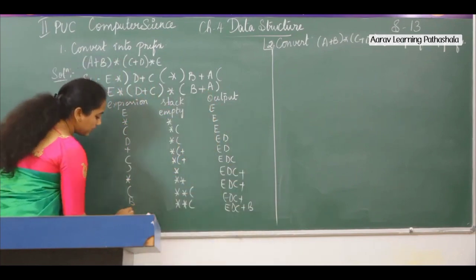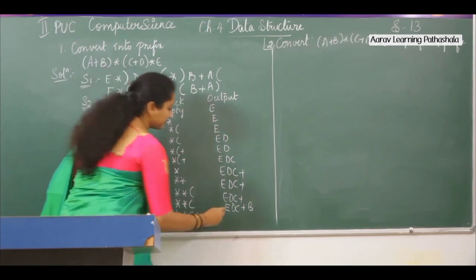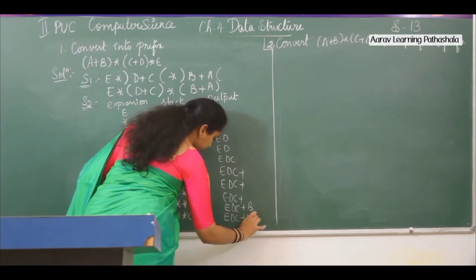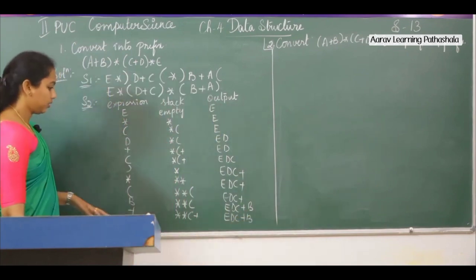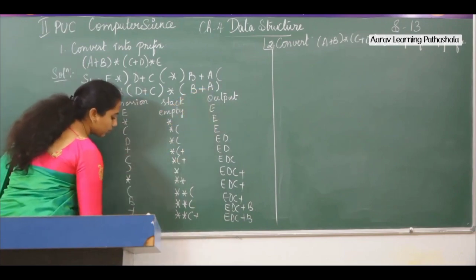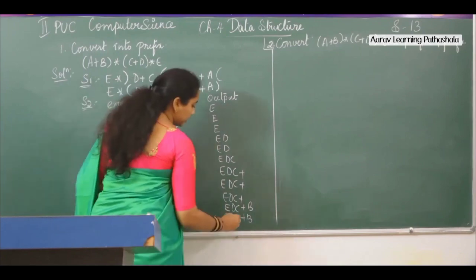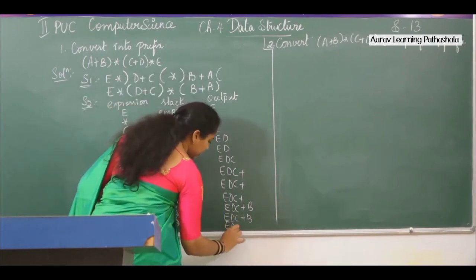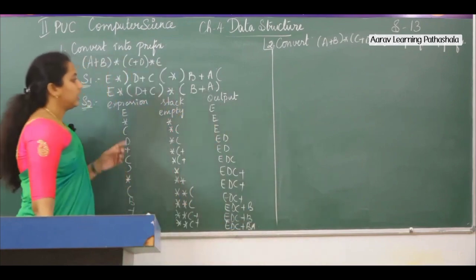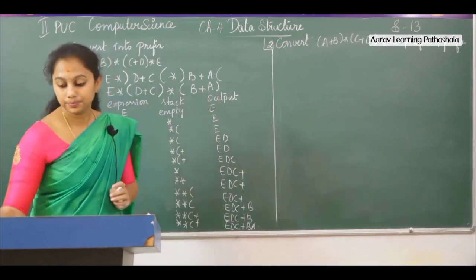Plus is an operator, I am going to push it into the stack. Next, A is an operand, so I am going to output this operand, that is EDC plus BA. Next is closing parenthesis.